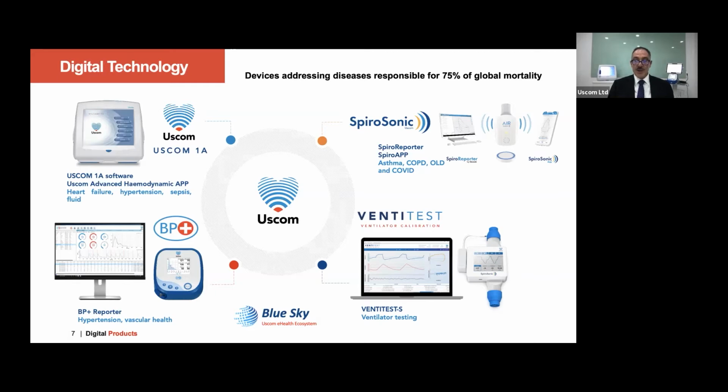This data can be integrated into the Uscom Blue Sky eHealth ecosystem, a proprietary ecosystem that we are building to harness the power of Uscom technology and deliver it to patients and clients worldwide, thus creating a valuable global pool of health data.